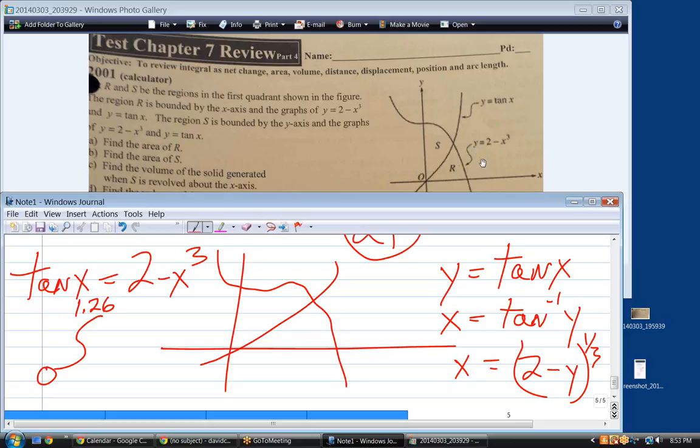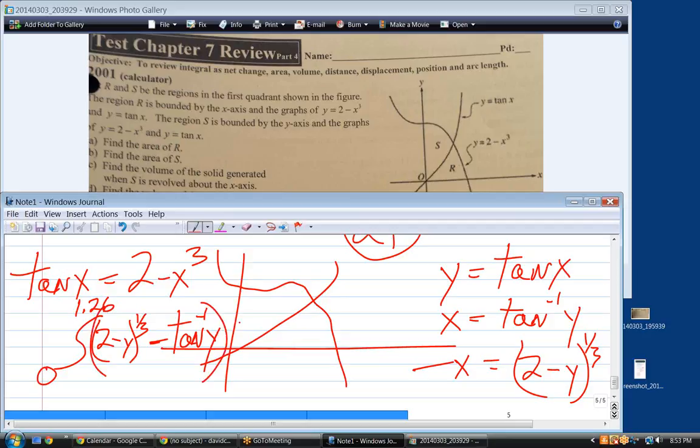Okay? So from the graph, it looks like that's 0. Well, of course it's 0. So we're going to take the right equation, which is 2 minus the cube root of y, minus the left equation, inverse tangent of y, which we know how to integrate.